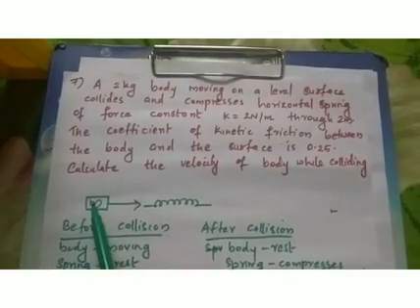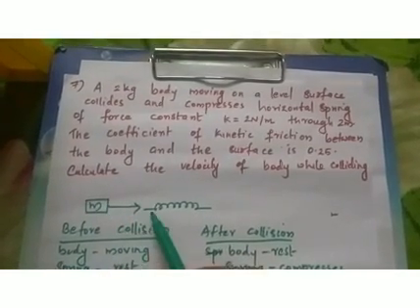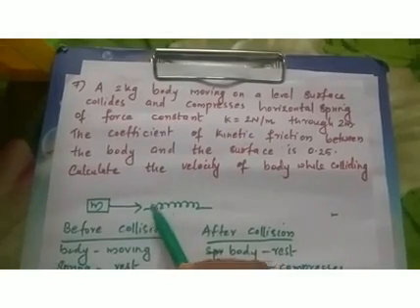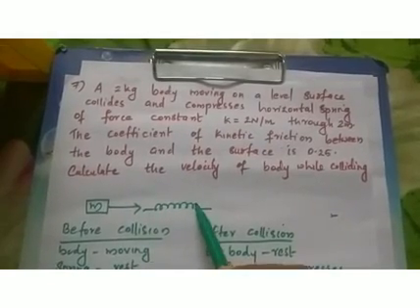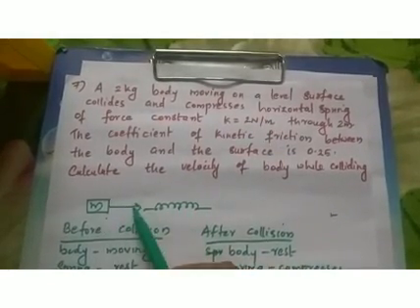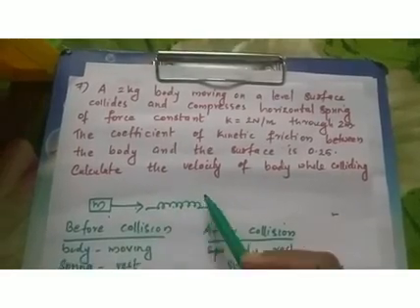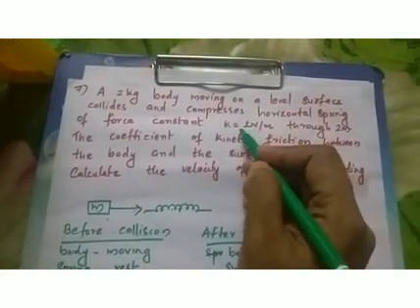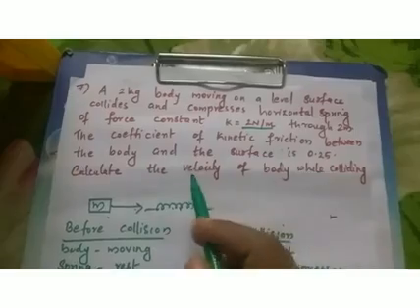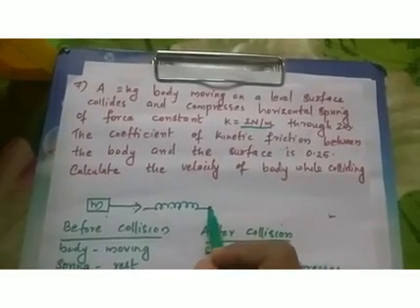So there is a 2 kg body. It is moving on a level surface. It collides and compresses the horizontal spring. So this is the spring. This body moves and compresses this spring. Force constant of that spring is given as 2 Newton per meter. And compression takes place through 2 meter.